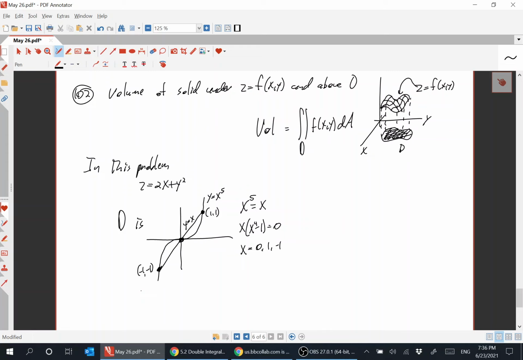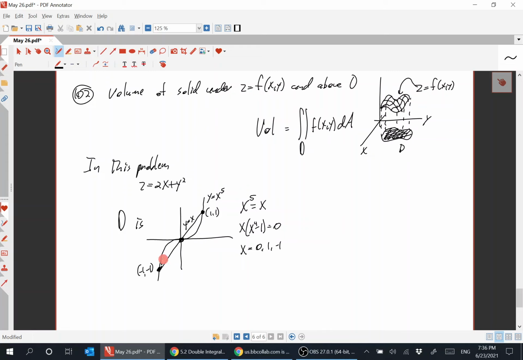Can we describe this as type 1 or type 2? No, because here this curve is above the line, and here this curve is below the line. So you have to do this in two regions.